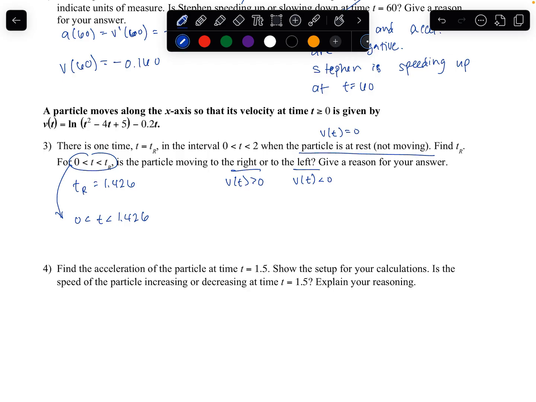So this is moving right, because velocity is positive on this interval.